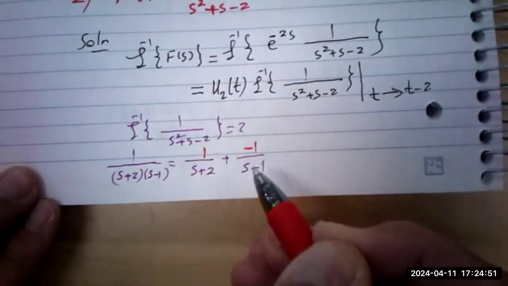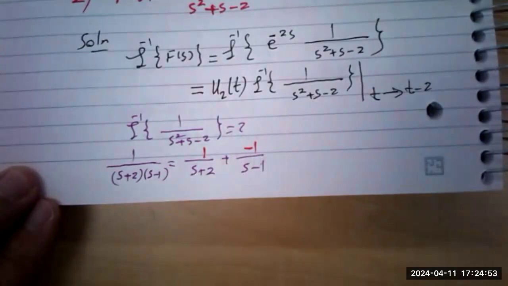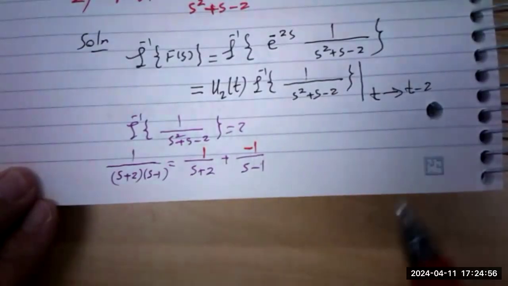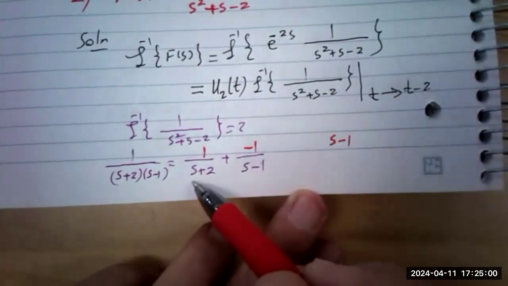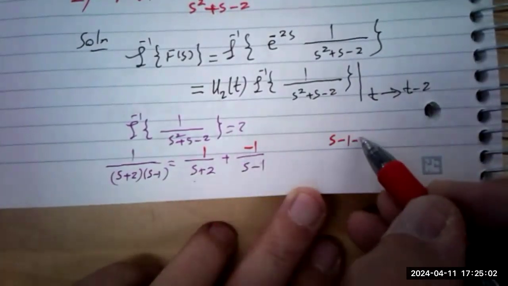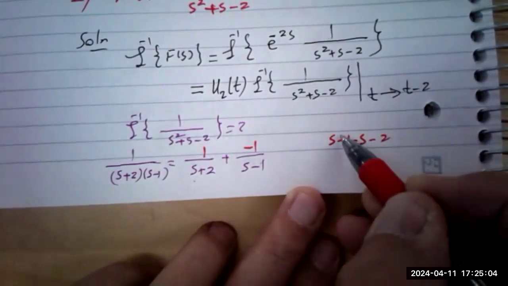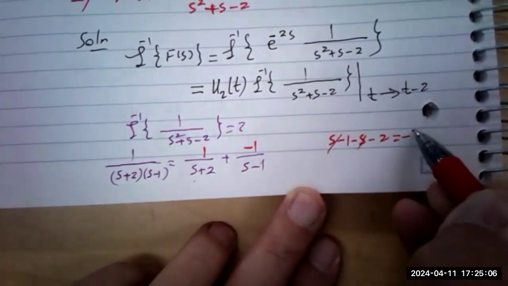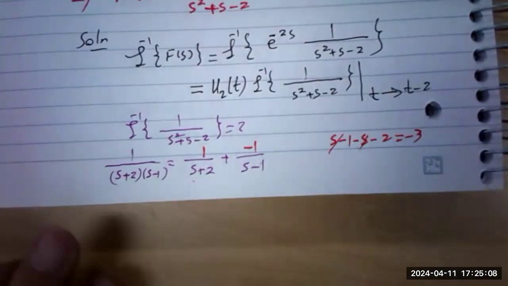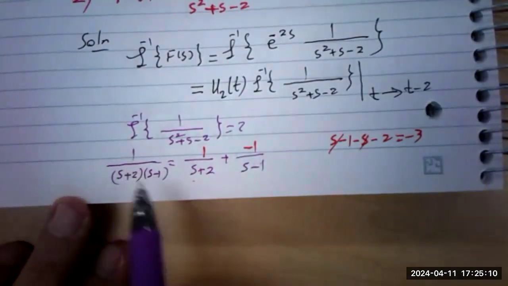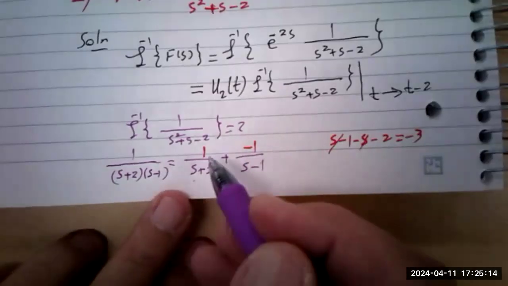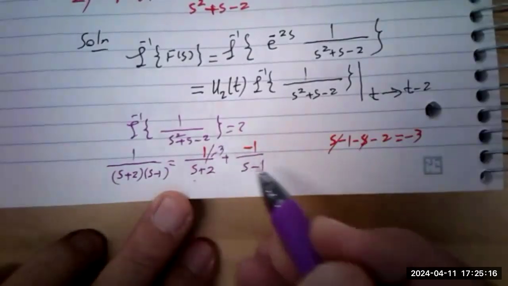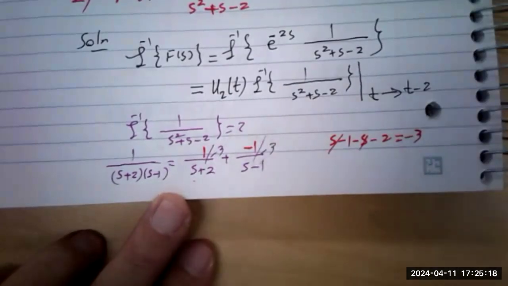Now check it. 1 times s minus 1 would be s minus 1 on the top. Negative 1 times s plus 2 would be negative s minus 2. The s terms cancel out, and that gives you negative 3. But you need the 1 here. So what you do, you go back and divide this by negative 3, and that one by negative 3.